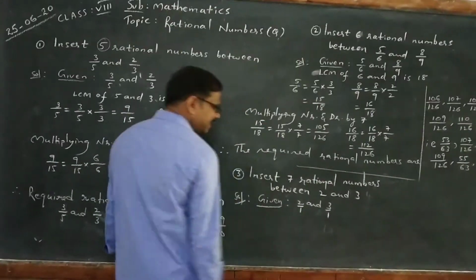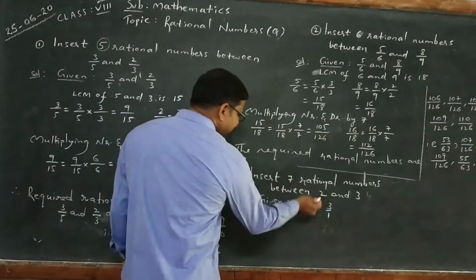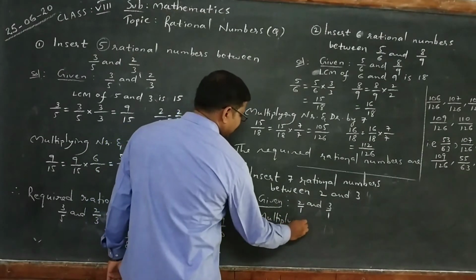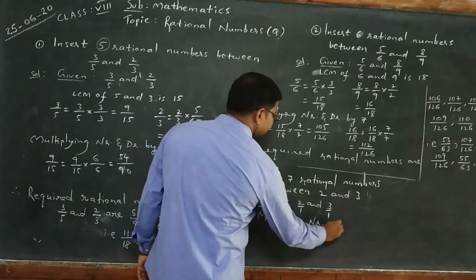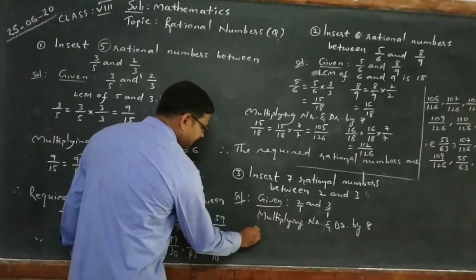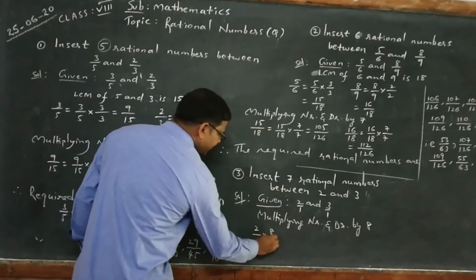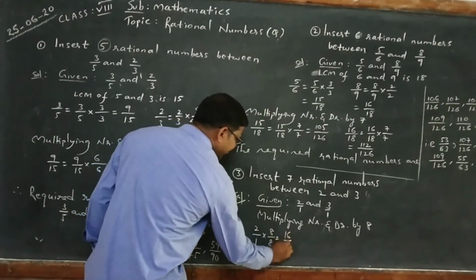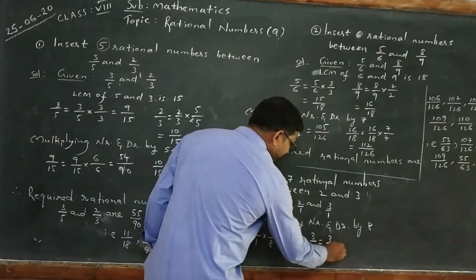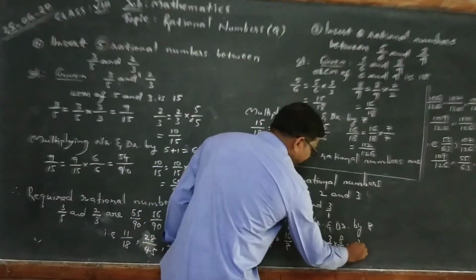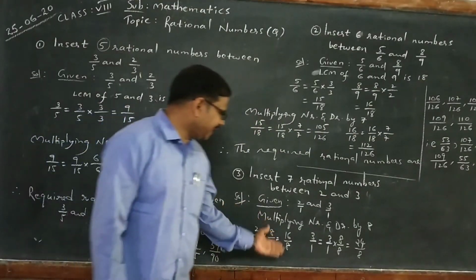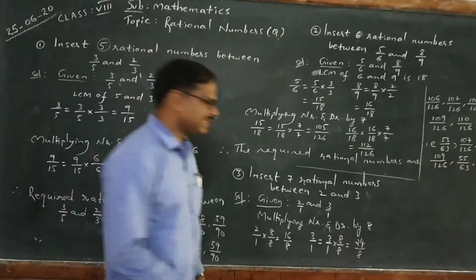Since the denominators are already equal, directly you can multiply numerator and denominator by 7 plus 1, 8. 2 by 1 into 8 by 8 means 16 by 8. 3 by 1 equals 3 by 1 into 8 by 8, 24 by 8. Now you can observe easily between 16 by 8 and 24 by 8 you can find rational numbers.